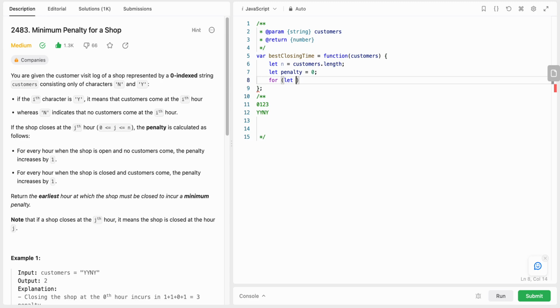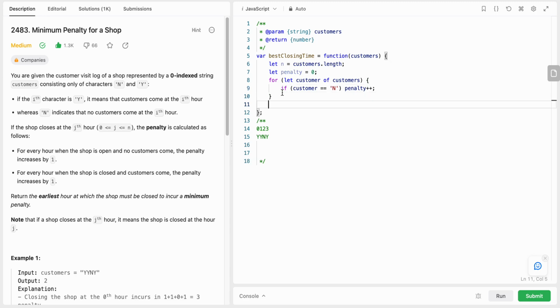Starting from i equals 0, we go through customers, and if the customer at that index is n, then we increase our penalty by 1.